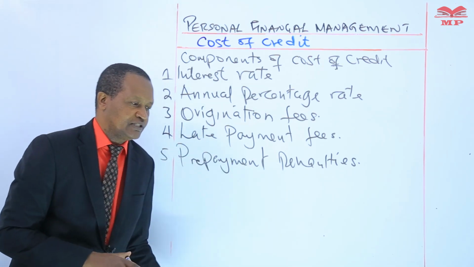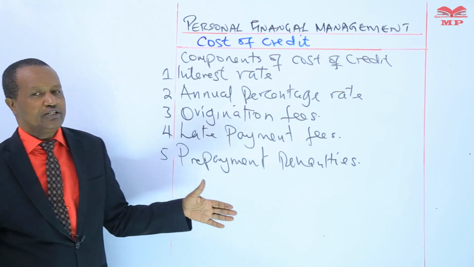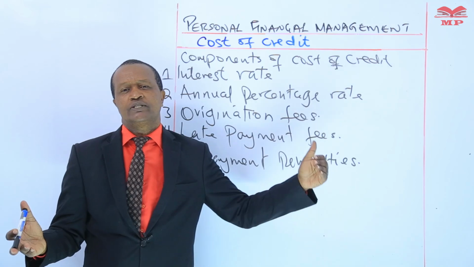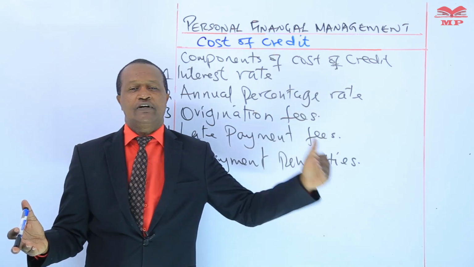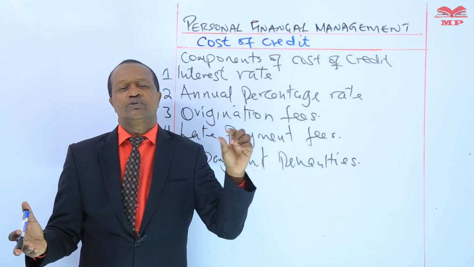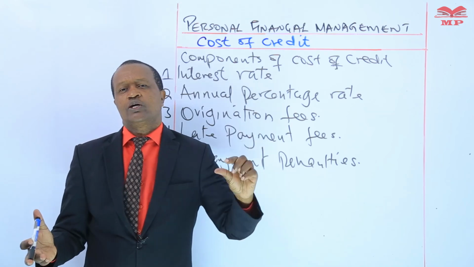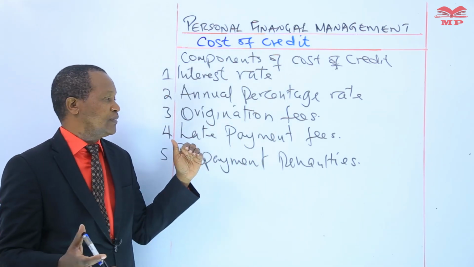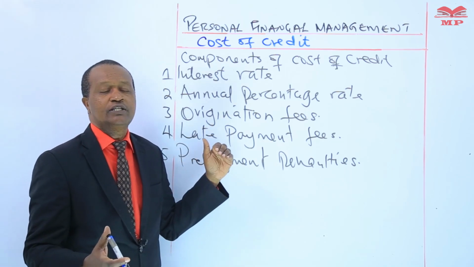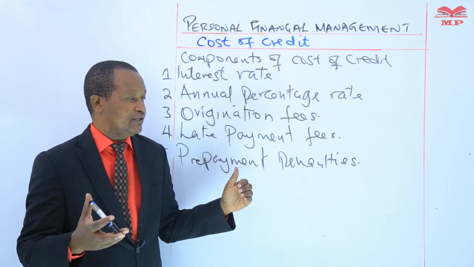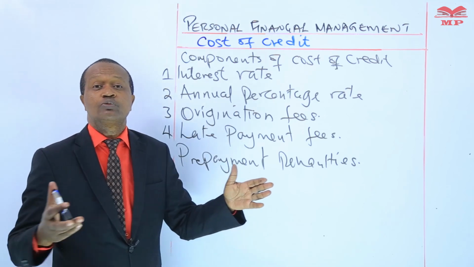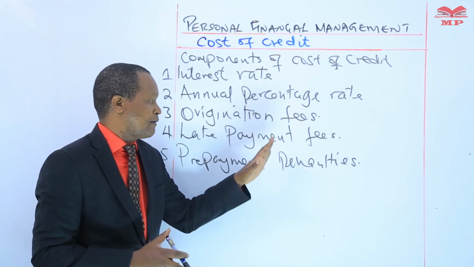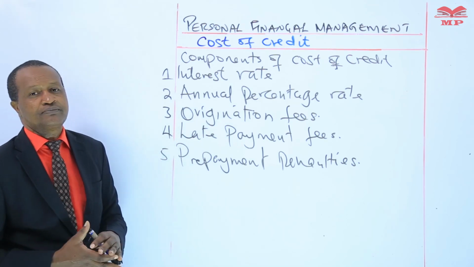Prepayment penalties. If you agree that the loan term period will be, say, 5 years, and you reduce the amount so that you wish to pay in 4 years, the lender may charge you for prepayment.